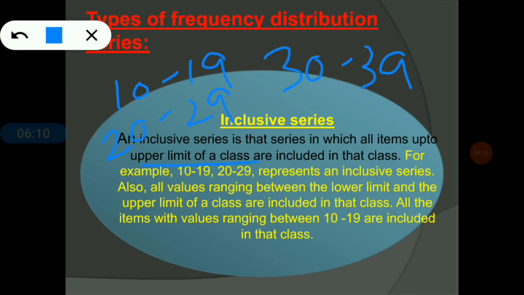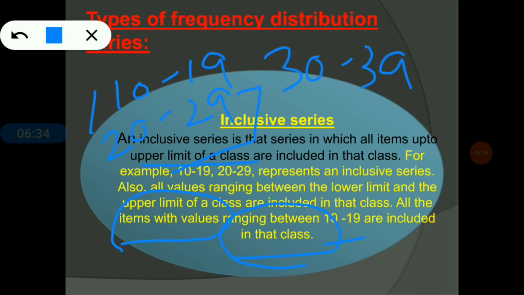So all items with values ranging between 10 to 19, 20 to 29, and 30 to 39, and so on, are included in that class. That's why this series is known as the inclusive series, and that is the basic difference between the exclusive series and the inclusive series.